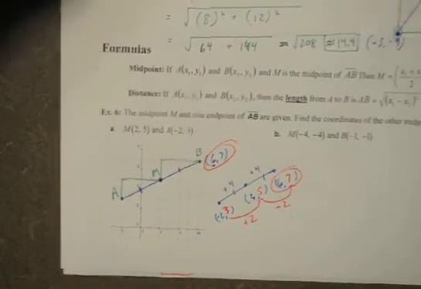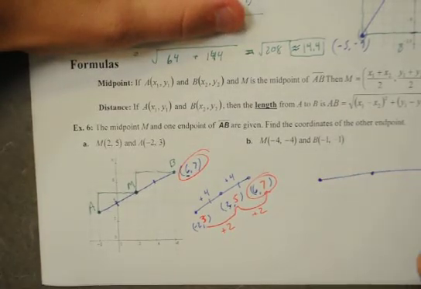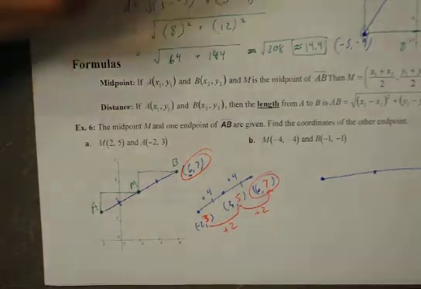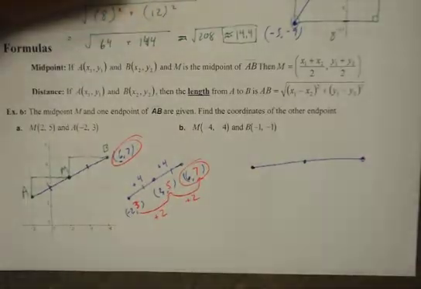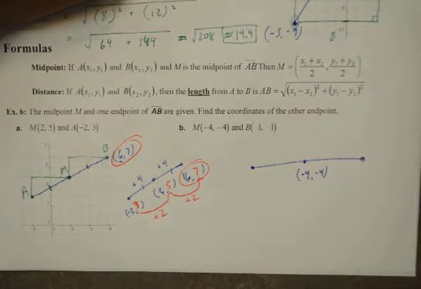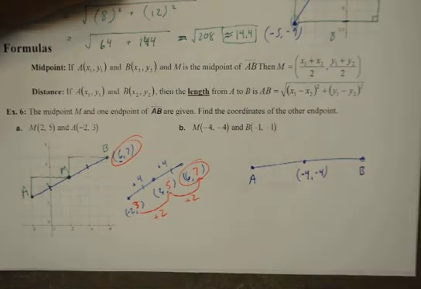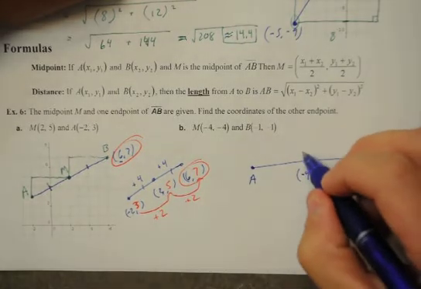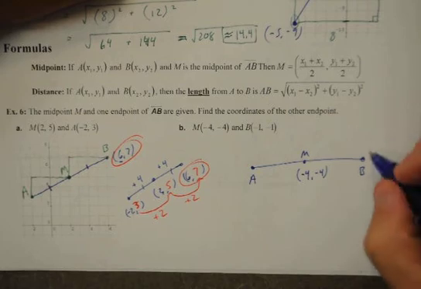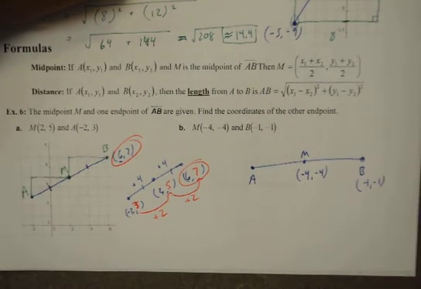And we're back. So I'm just going to randomly draw a segment to help me understand what's happening here. I'm going to label the midpoint negative 4, negative 4. Here's point A, here's point B. M is in the middle. B is negative 1, negative 1.